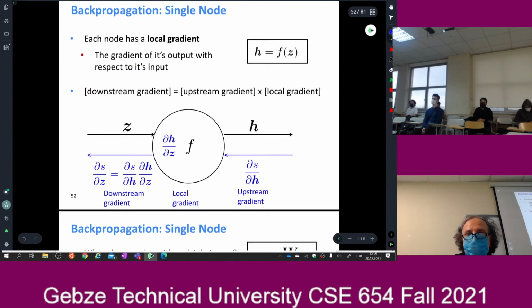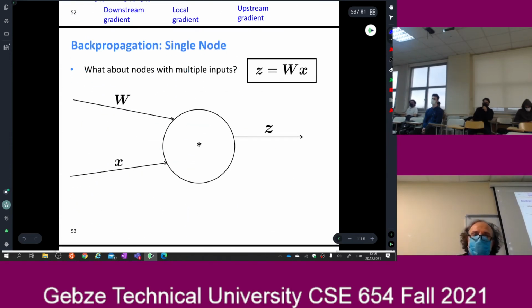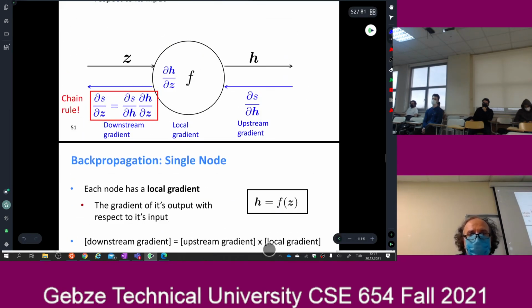So we talked about those. How about these kind of weird cases? It can happen, right? W comes from here, X comes from there, and Z is the multiplication of these two. We have never seen such things before.